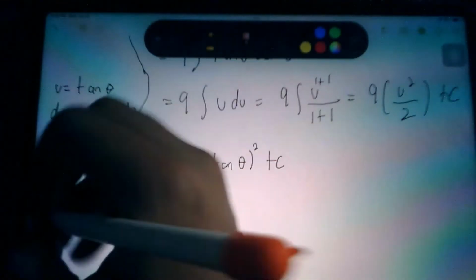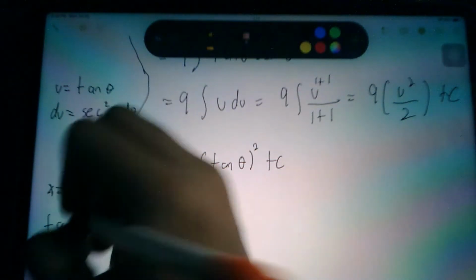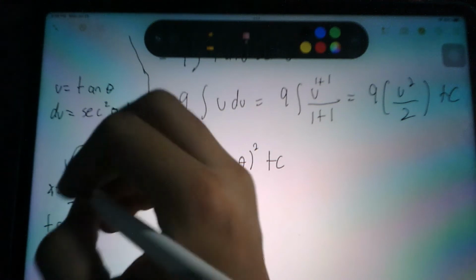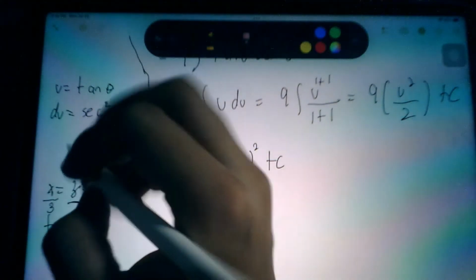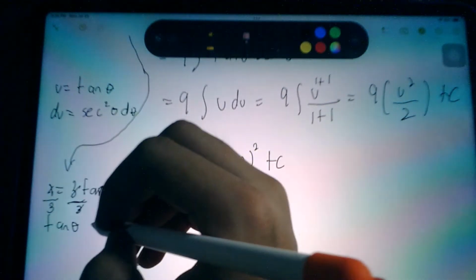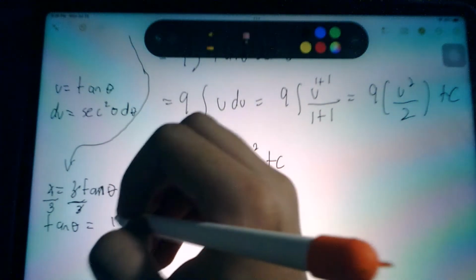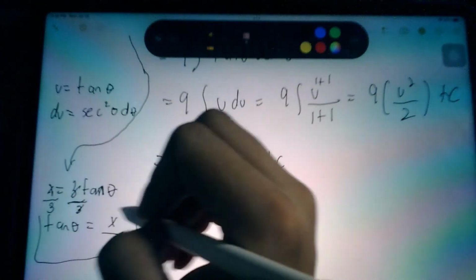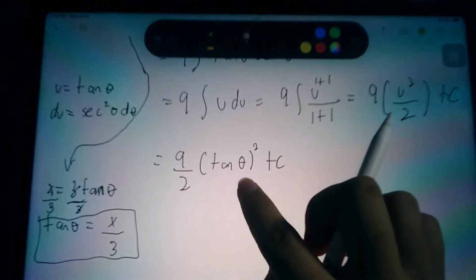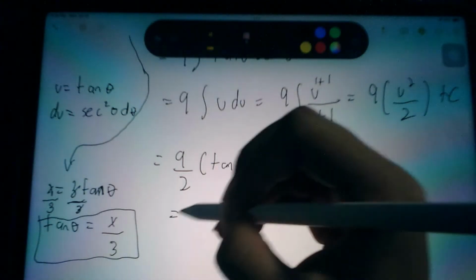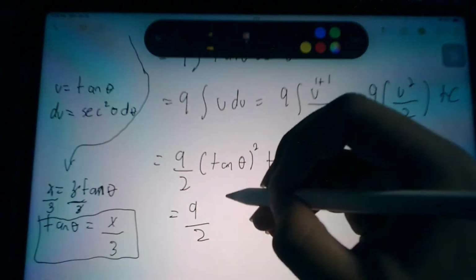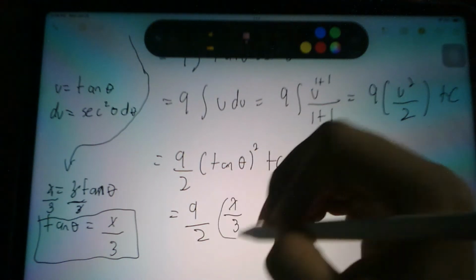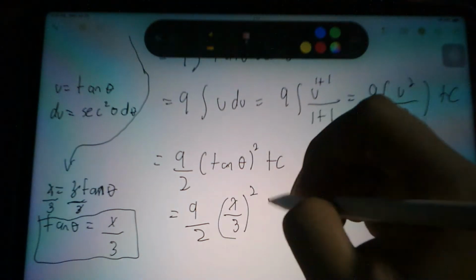Now by dividing by 3 here to cancel 3 and 3, we must also put 3 here, and this will become tangent theta equals x over 3, and this is the value of our tangent theta here. So this will become 9 over 2 times x over 3 squared plus c.